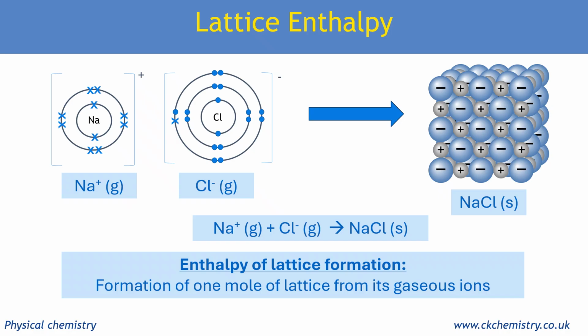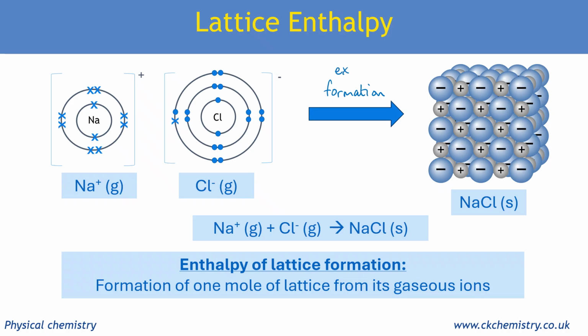In this direction from left to right, this is the normal direction that is used at A level, so it's enthalpy of lattice formation. But because many A-level syllabuses only cover the formation, they may just call it lattice enthalpy or even lattice energy, because simply that's the only one that we cover.